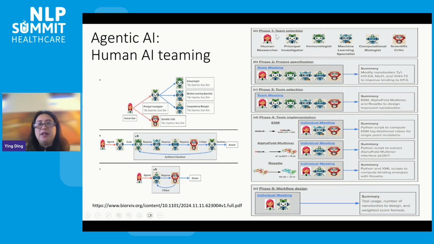There are different phases, like team forming and project specification. For instance, in the team meeting, they found that to do this they needed to modify some nanobodies, and to achieve this they identified that they needed 3 tools: ESM, AlphaFold, and Rosetta.